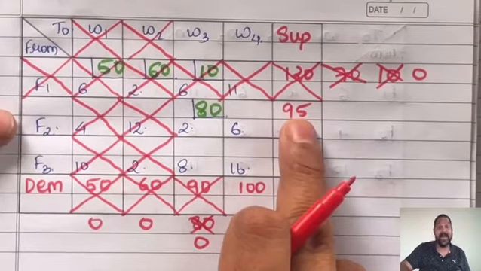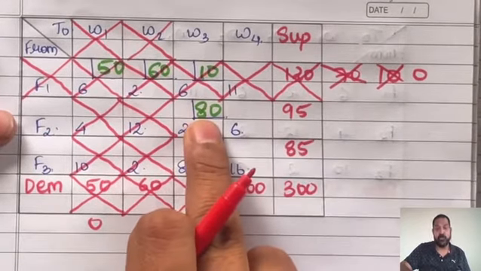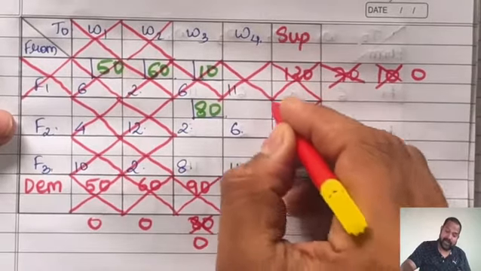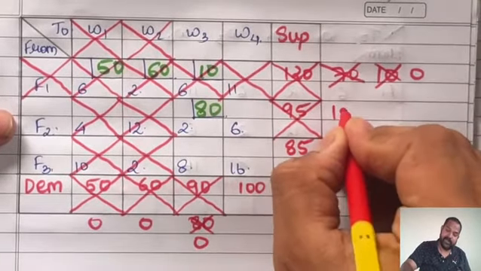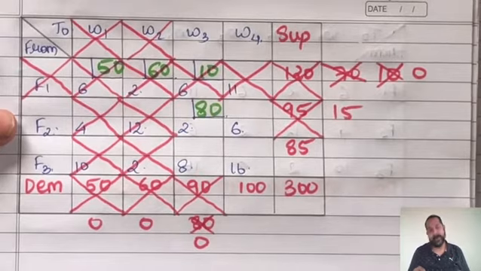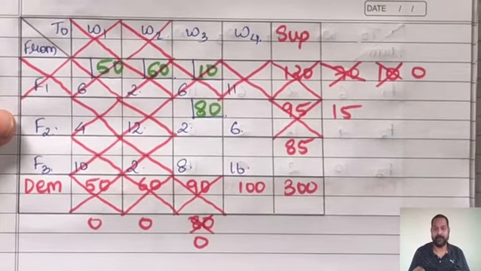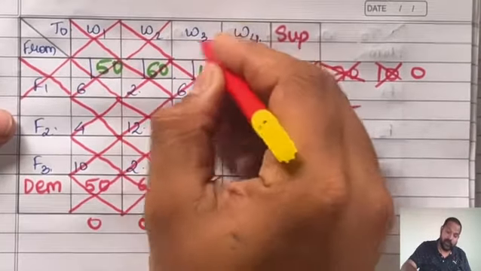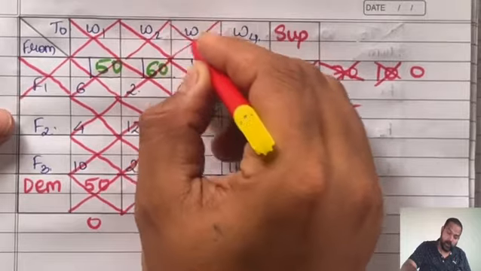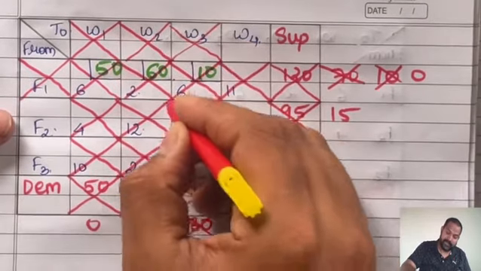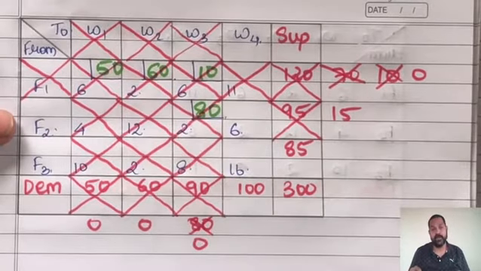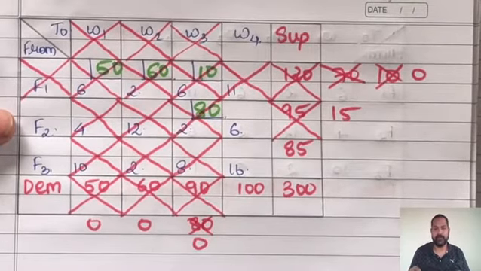F2 could supply 95, out of which you have only given 80 to W3, which means that 95 minus 80, a 15 unit supply is still pending. Since W3 has no more demands left, we tell W3 that all your demands are met, please leave the game, and W3 walks out of the game.